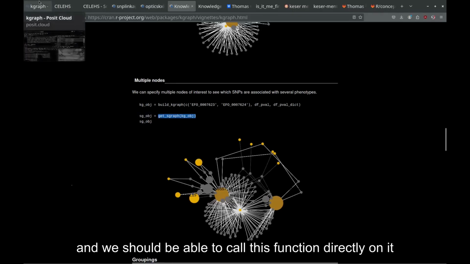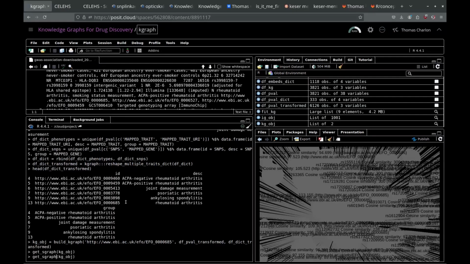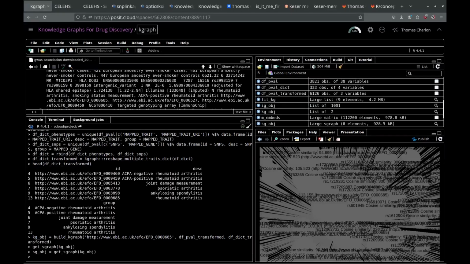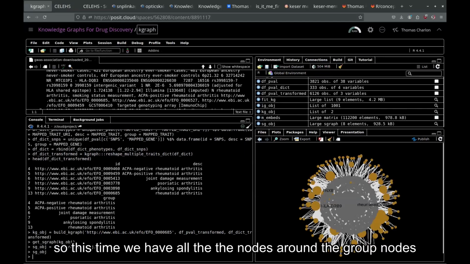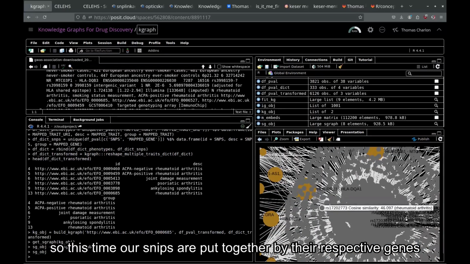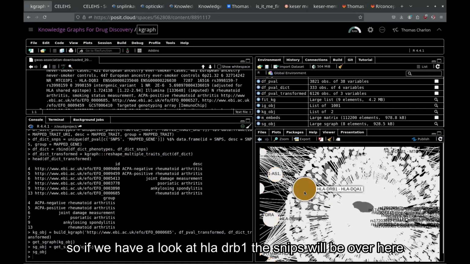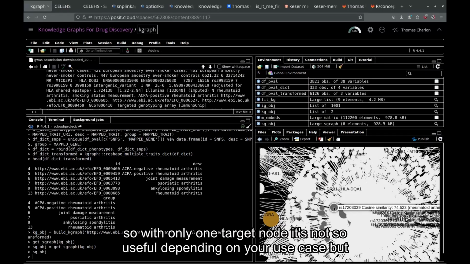And we should be able to call this function directly on it. Here we go. So this time we have all the nodes around the group nodes. So this time our SNPs are put together by their respective genes. So if we have a look at HLA-DRB1, the SNPs will be over here. DRB9, they will be over here.